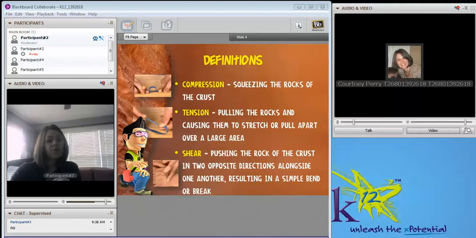We can also correlate these with the plate boundaries, right? We have 3 different types of plate boundaries: convergent, divergent, and transform. So what would you correlate compression with? Squeezing together. What type of boundary would you correlate that with? Convergent, divergent, and transform. What would compression be like?